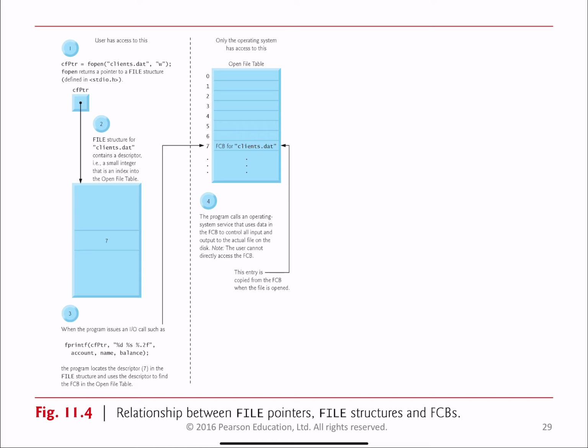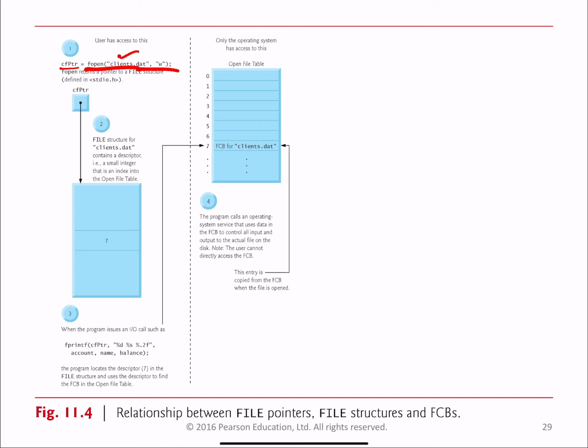So this is a little bit how accessing a file happens. You call fopen for a certain file, let's say the clients.dat file that we just had. We want to open it for writing, and we store the file pointer in CF pointer. That's what we just did.